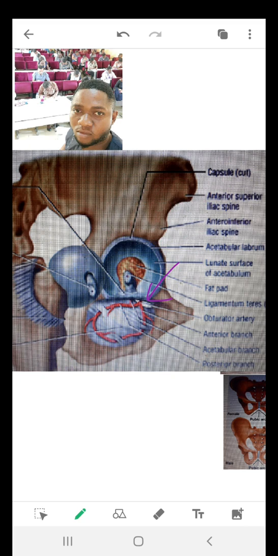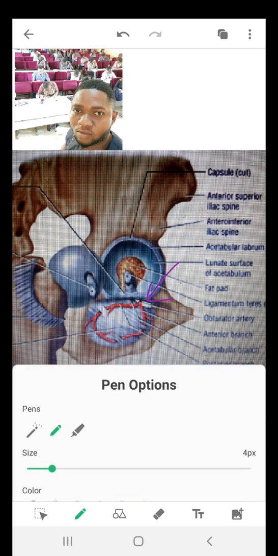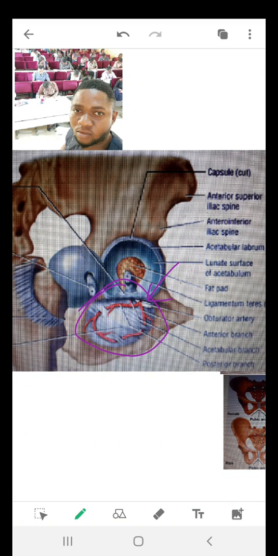This obturator groove is converted to a canal, so it's called the obturator canal, and it is converted by a specialized ligamentous band, the obturator membrane. You know, the obturator membrane is covering this obturator foramen, so the groove is converted to the obturator canal.